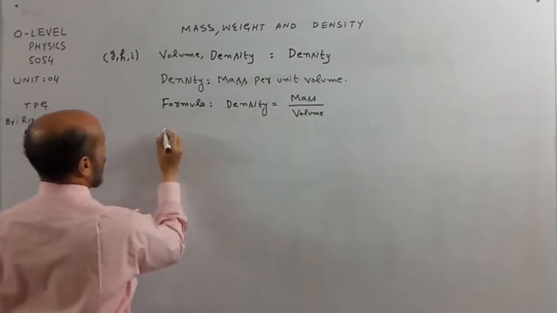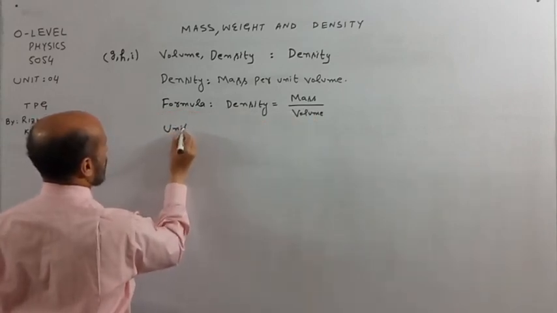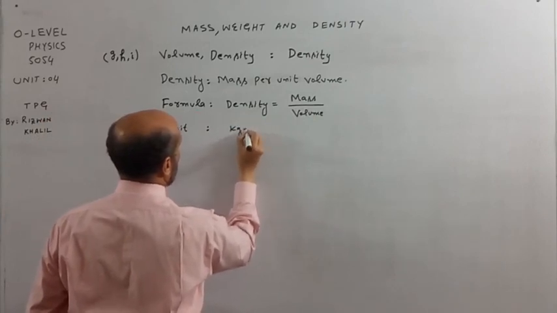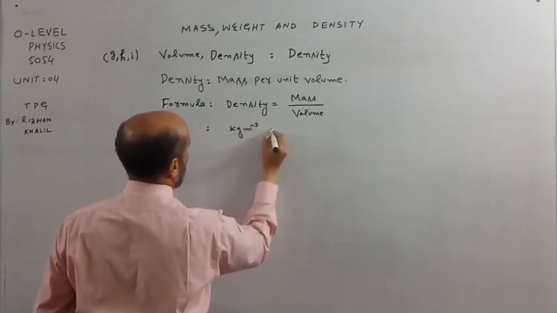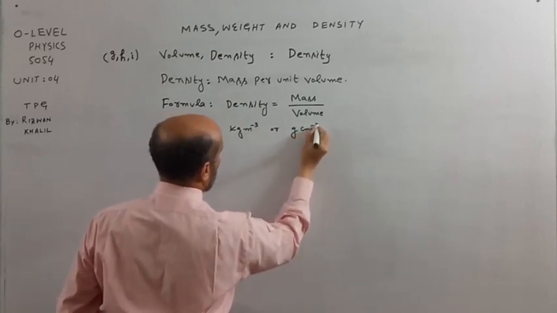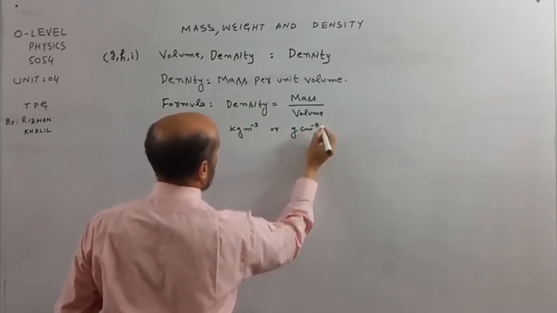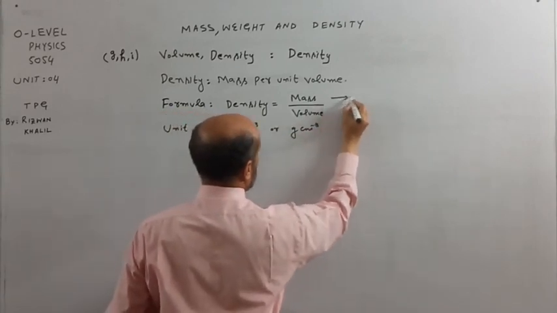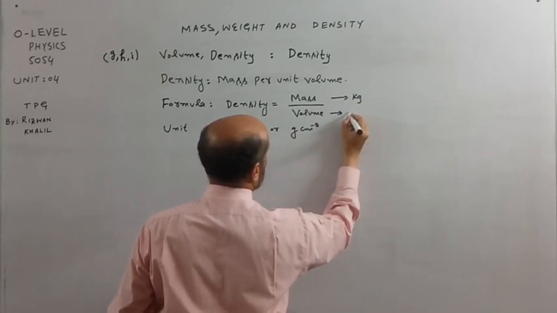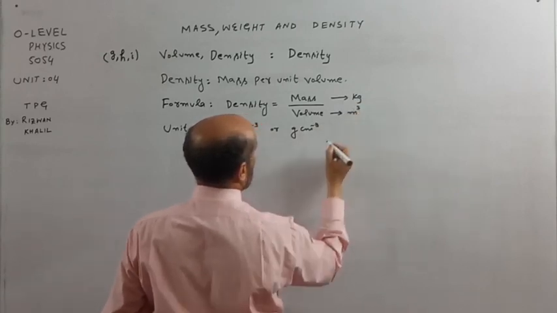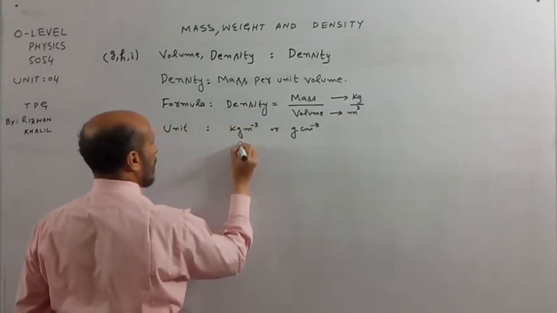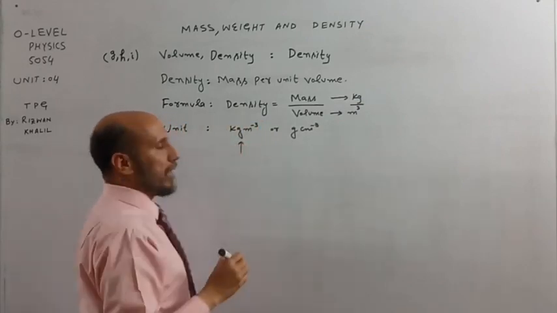And what is the unit of density? Kilogram per cubic meter, or sometimes grams per cubic centimeter. The unit of mass is kilogram and the unit of volume is cubic meter, so its SI unit is kilogram per cubic meter.